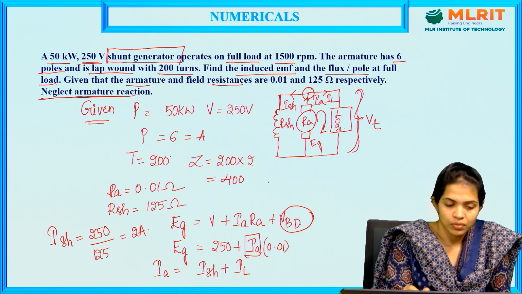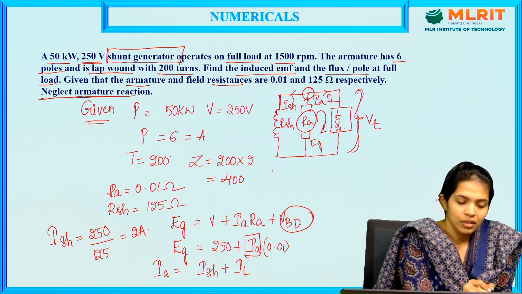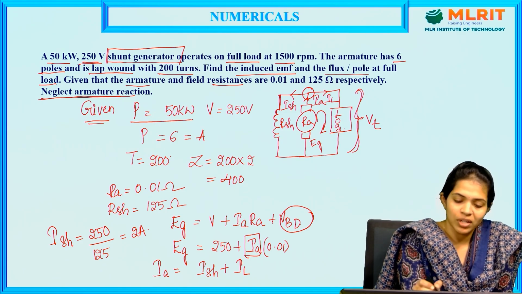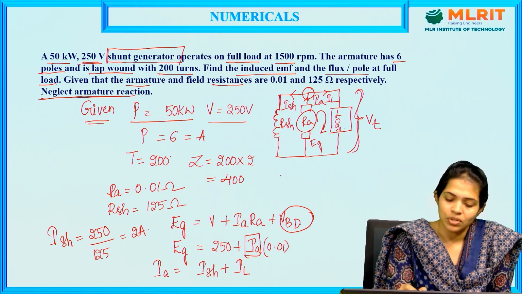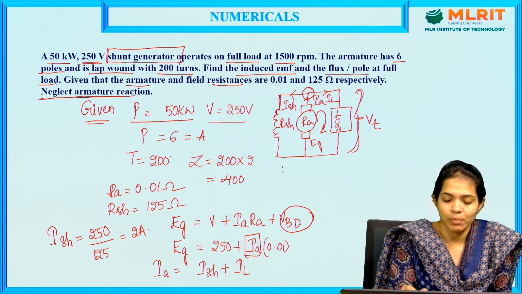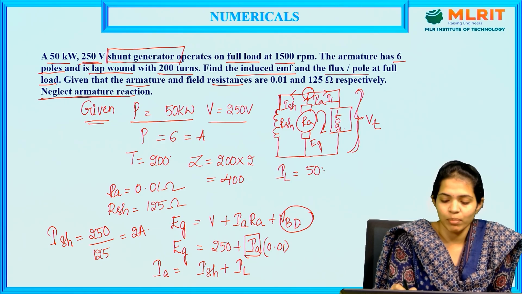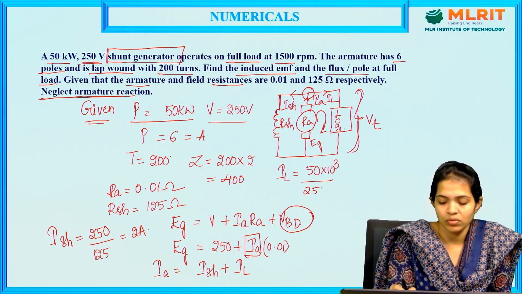Now we have been given the power and the voltage appearing across the load, so from that we can calculate the IL current also. Power divided by voltage gives the current value.